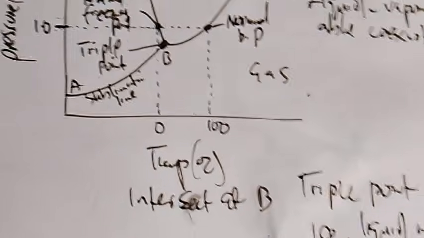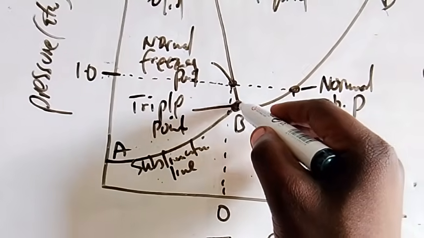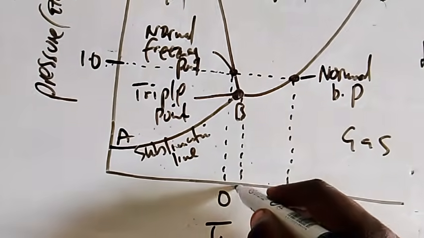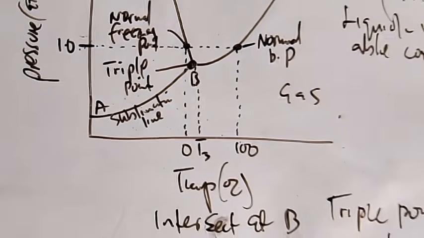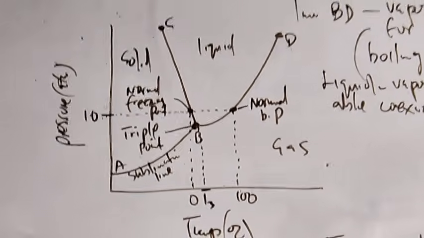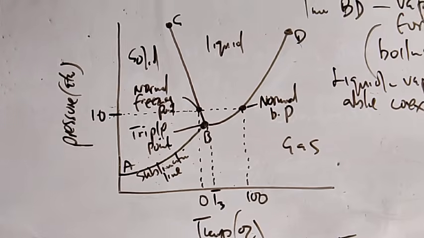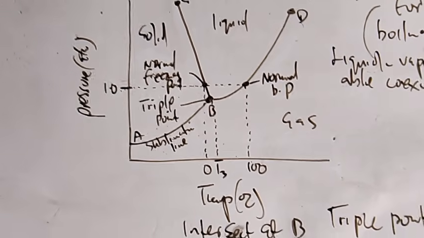Then the temperature at the triple point is designated T3.